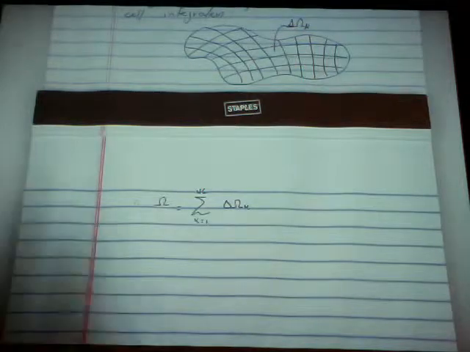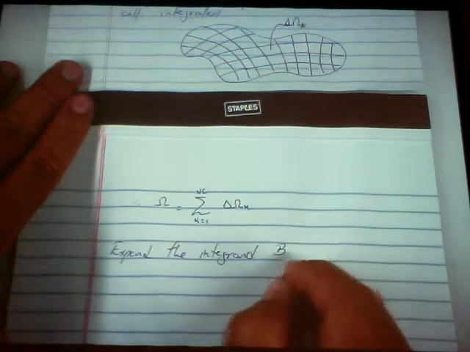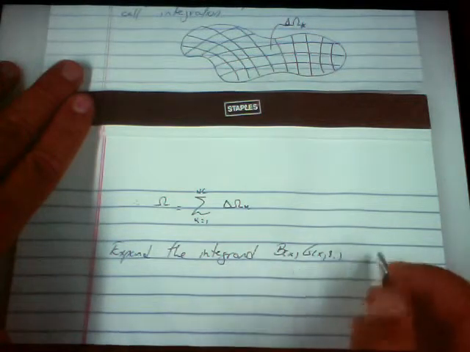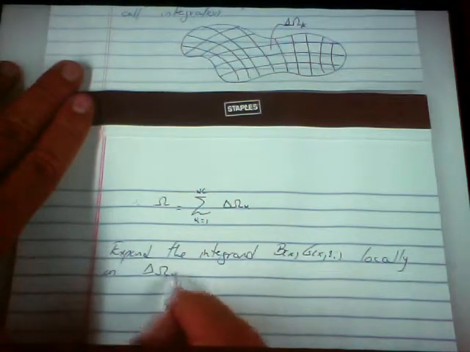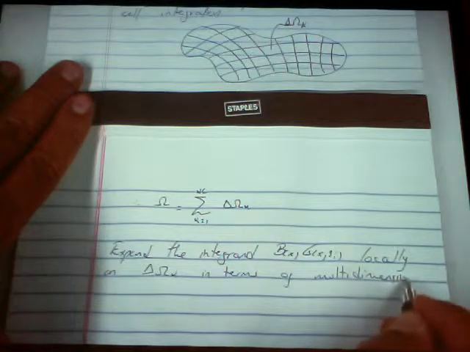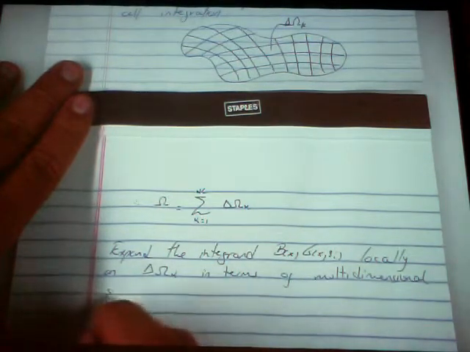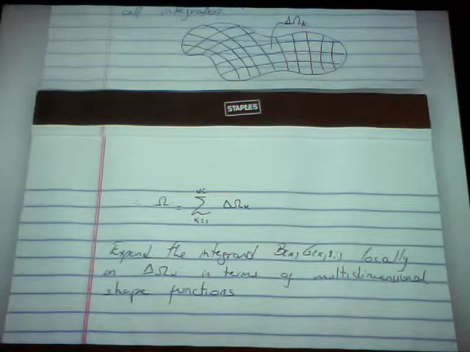So expand the integrand b(x) g(x, xi_i) locally on delta omega k in terms of multidimensional shape functions, like polynomials, for example, and then create multidimensional Jacobians, and so on. All right? So this is in general how you would do this.